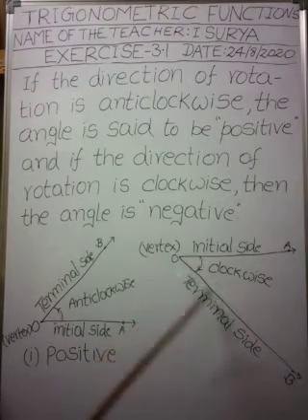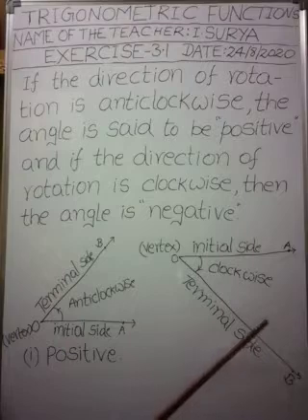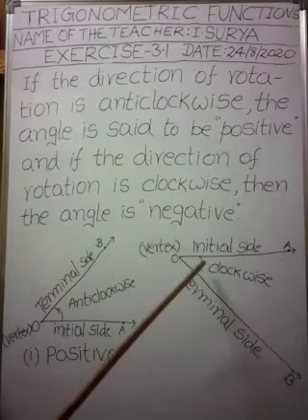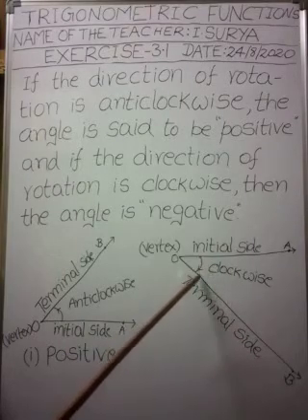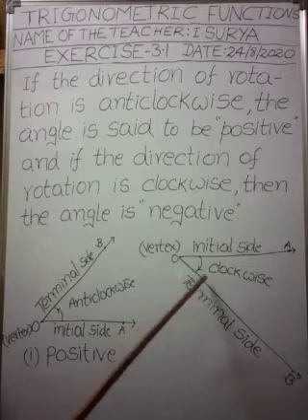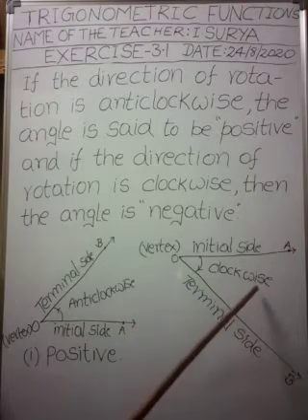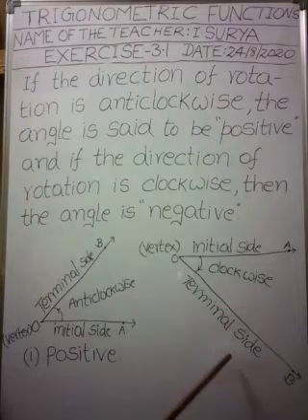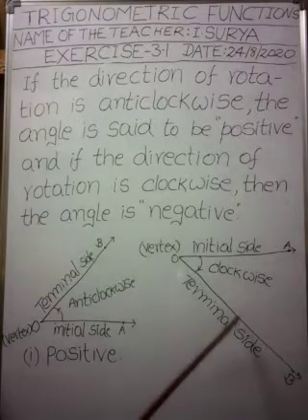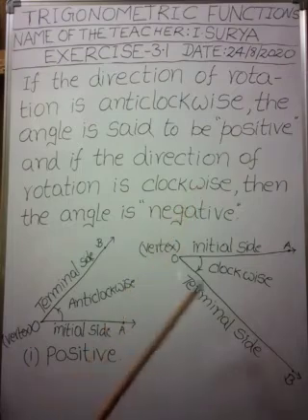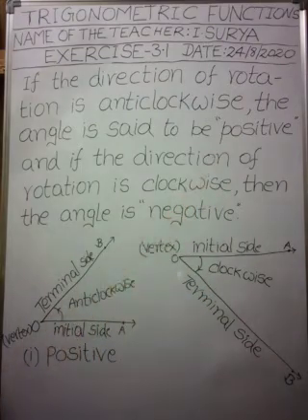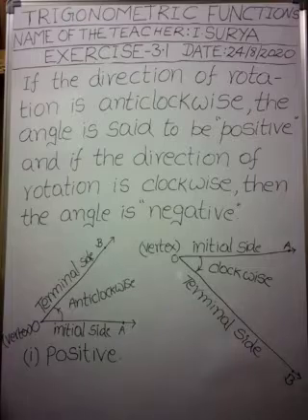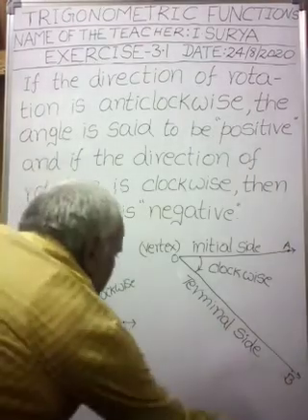This is the final position of the ray after rotation. Here the amount of rotation is shown and the direction of rotation is clockwise. So in this case we measure this one as negative.